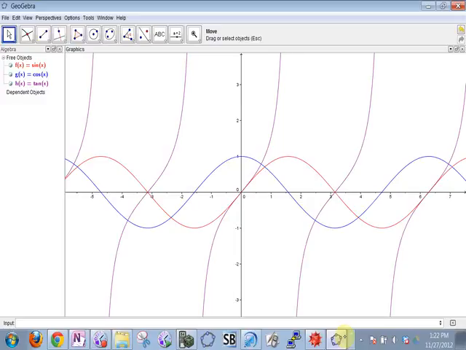Now, how frequently does cosine equal 0? Cosine being the bottom. Every pi. Every time cosine equals 0, what does sine equal? Either positive 1 or negative 1.